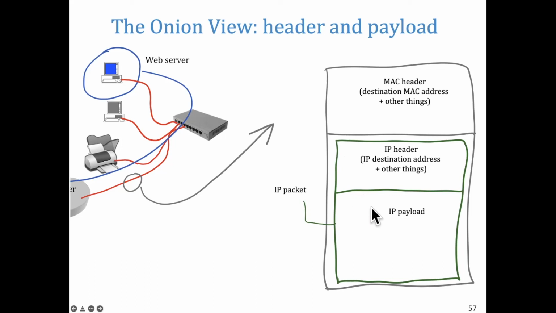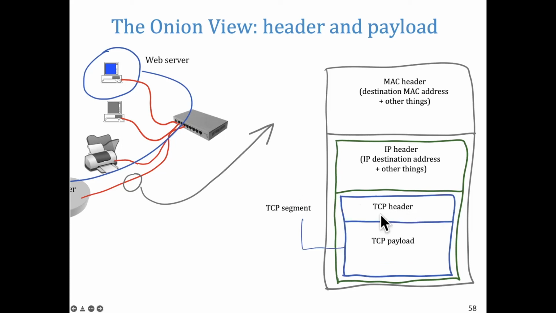An IP packet has yet another IP payload and IP header, with source and destination IP addresses, time to live, and some other information. Then what is the IP payload? It is a TCP segment, where we have a TCP payload and a TCP header. The TCP payload can be, for example, encrypted data of an HTML web page or encrypted data of a video.